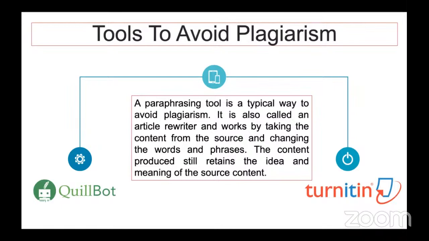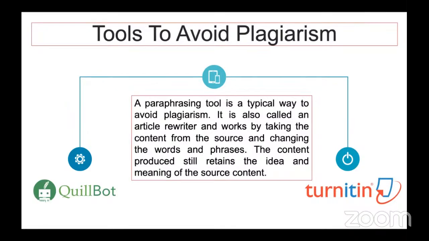This is basically freely available. You have to copy and paste, but there are word or paragraph limitations. You have to copy paragraph by paragraph and put it into the article rewriter, and it will help you to paraphrase your writing. Paraphrasing means that it would contain a similar idea but use different words and sentences, which can help you to avoid plagiarism.